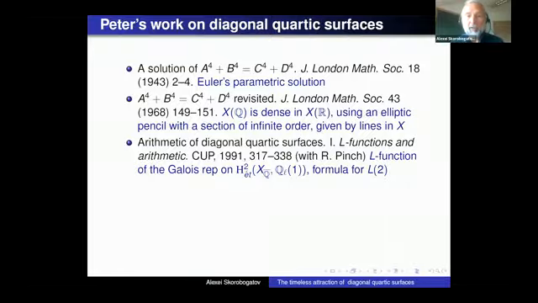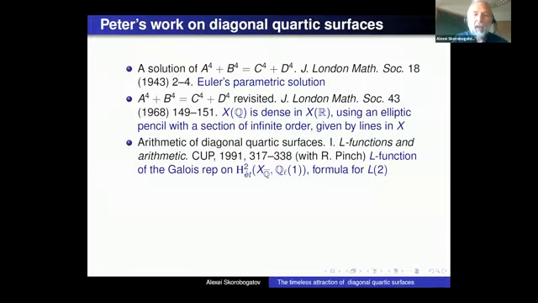So Peter has an expression for them, and he would want to interpret this expression in terms of some important conjecture, but he failed to do so because we don't know these numbers, so we don't know how to interpret, like, the rational part of this number and the transcendental part of this number.